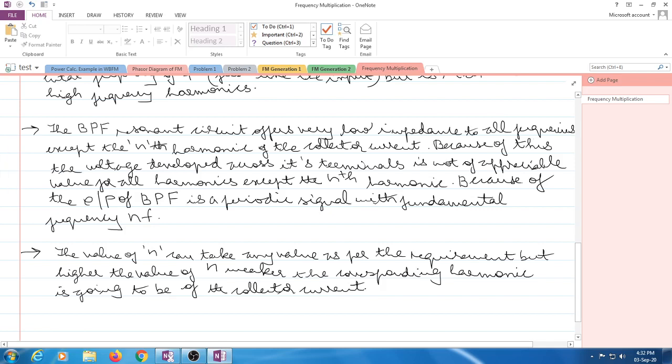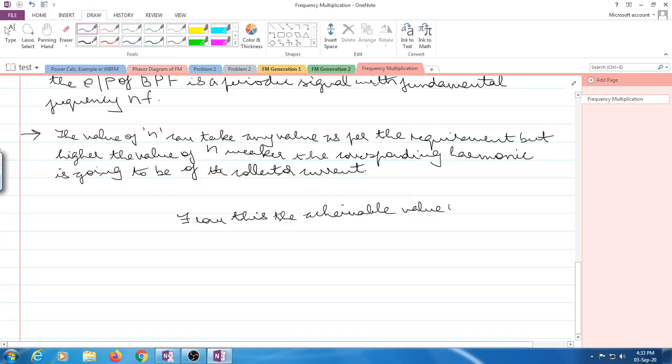We can get a frequency multiplication in the range of 2 to 5, or in other words, from this circuit, let me just correct it, it's not current, it's the circuit, the achievable value of n is from 2 to 5.